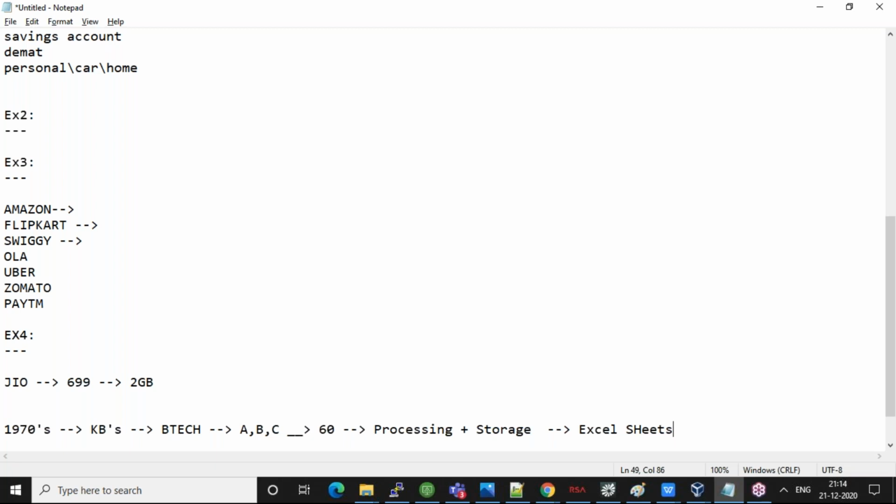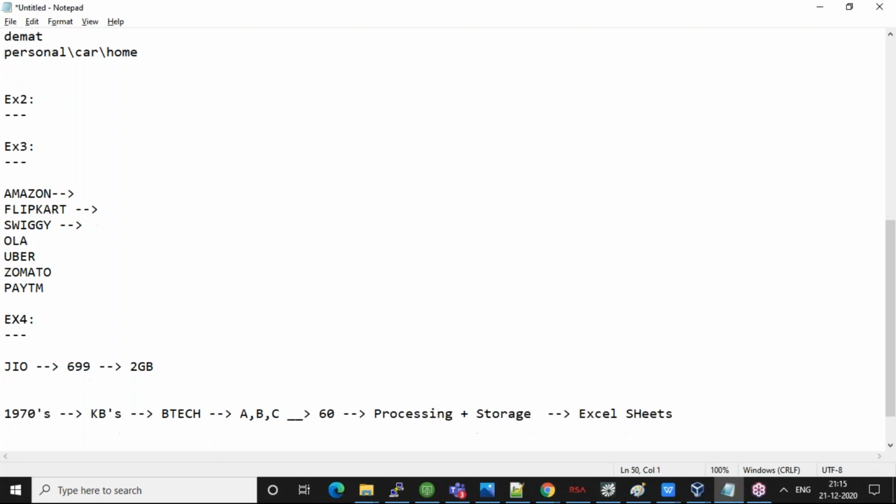And how can we process? Suppose all 180 students in the month of June each paid 30,000 rupees out of fees of 60,000. The remaining 30,000 is pending for each student. It is a due. All this information can be maintained in Excel sheets. The summation of all the 30,000s of 180 people is the processing of the data.